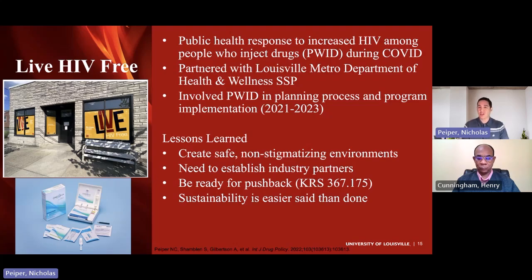Is this something that you want as like a standalone type service, or is this something that you want integrated into other sorts of harm reduction services? So think naloxone distribution, safe drug use kits, fentanyl test strips, and those sorts of things. And it ended up being the latter.